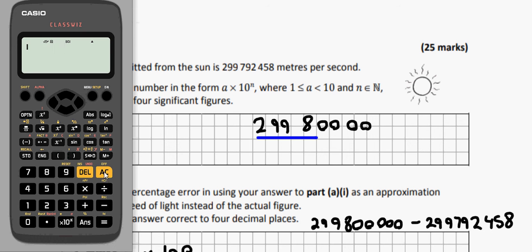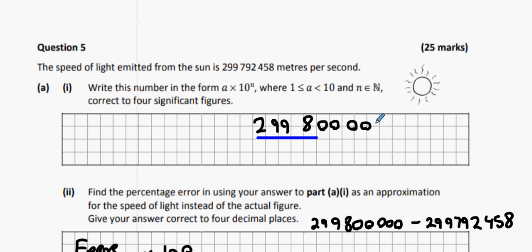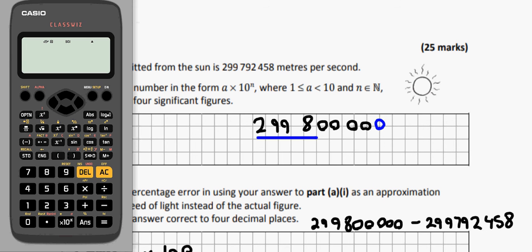Did I put 4 zeros or 5 zeros? 5 zeros. Now, I also made a mistake with my science mode. Shift, setup, number format, science mode, 0. I pressed 1 by mistake. 2.988 by 10 to the 8. Who got this?